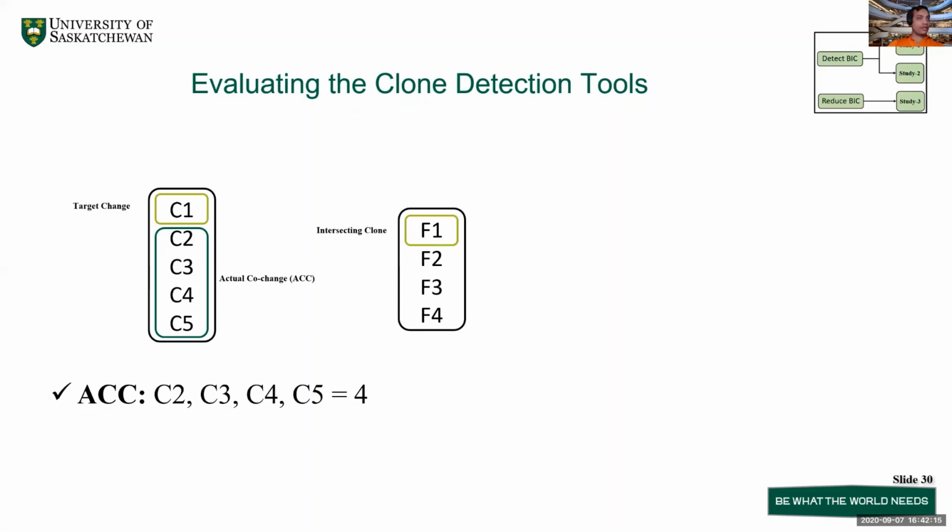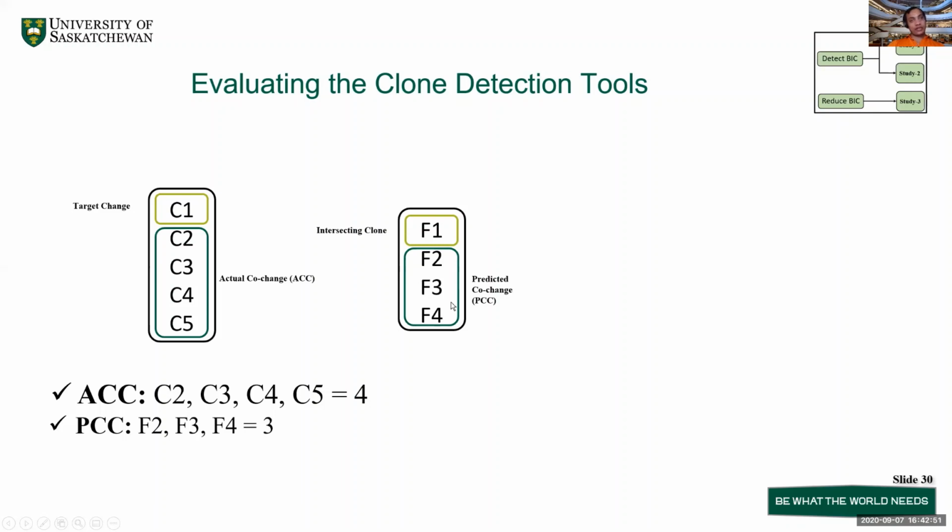F1 intersects with C1, which means F2 to F4 should be the co-changes. From the clone detection tool's result, we are predicting 3 clone fragments. So now the target is to evaluate how efficient this prediction is.